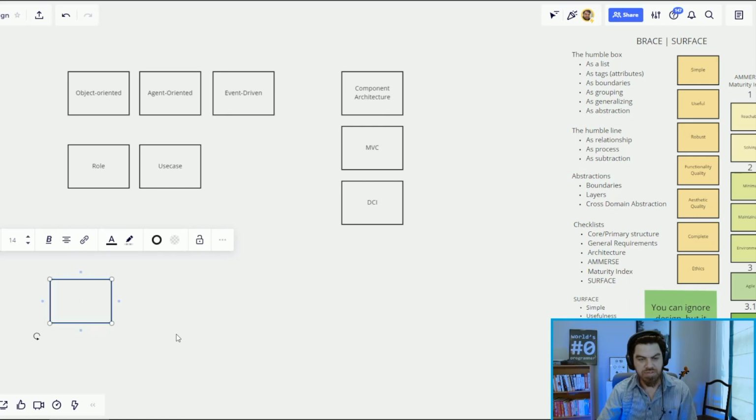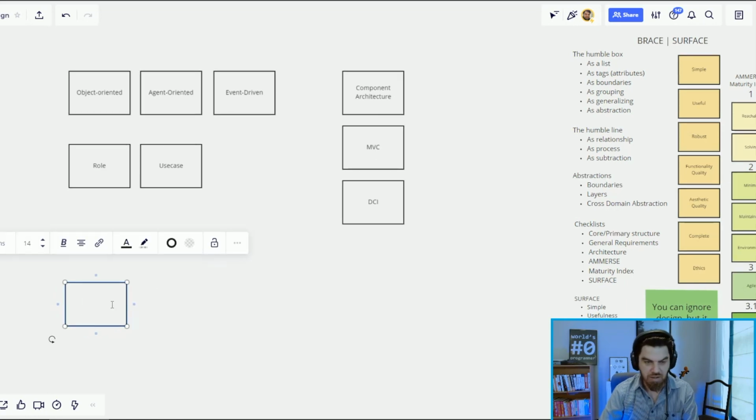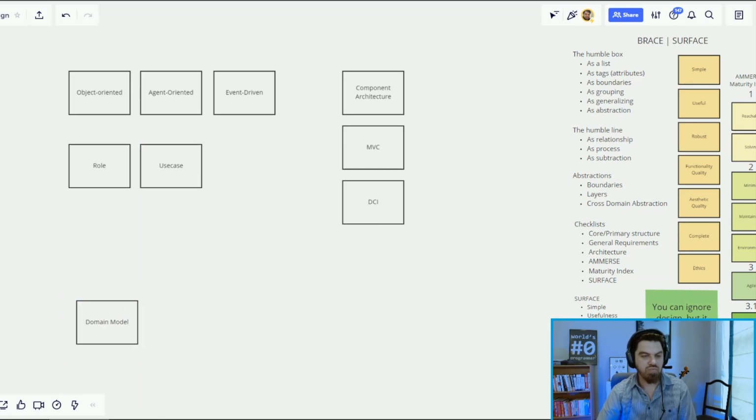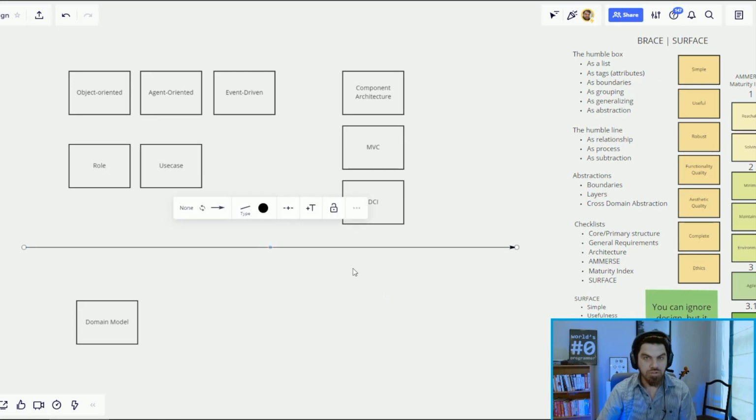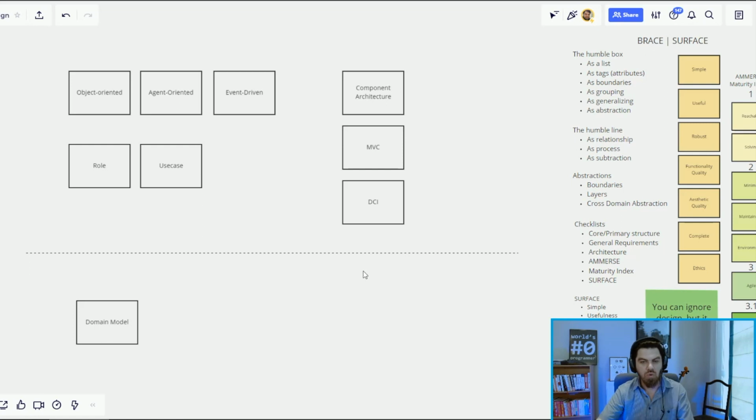So if I go to the other side, what we're really saying here is that we have a domain model, possibly written in a domain language of some kind. With business modeling, we can reason about business and processes and actors within that system. So there is kind of a divide here. The divide perhaps has been blurred, or because it's not understood, could be perceived as being similar or the same.